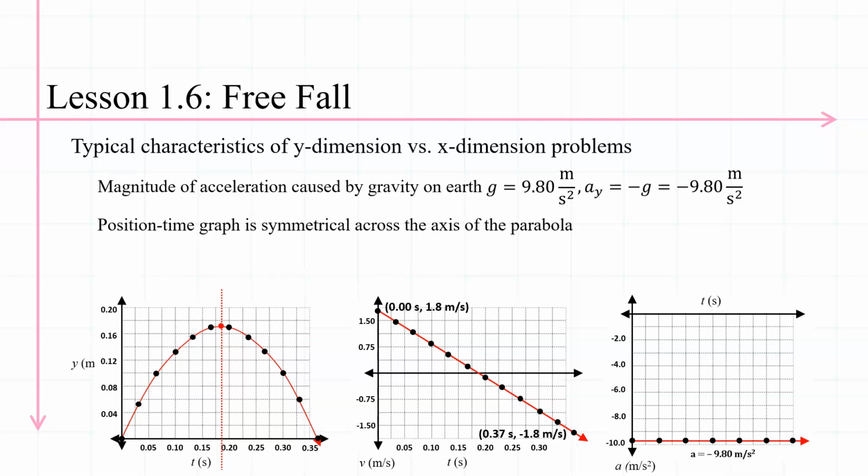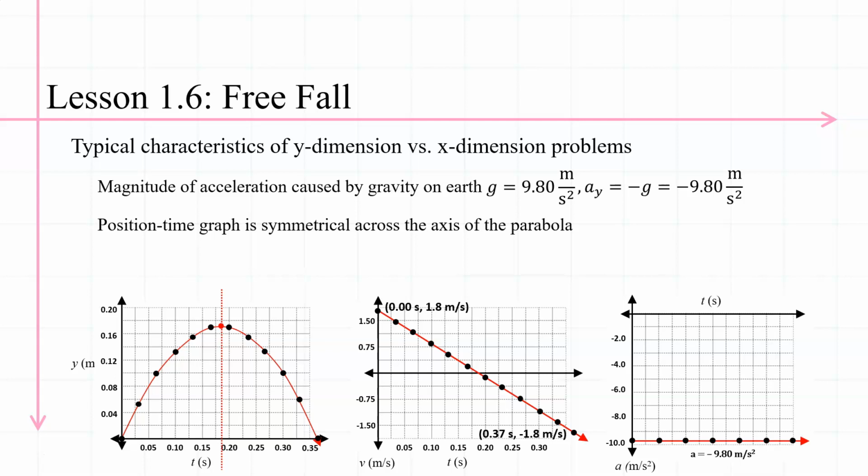Well, it's important to realize that if we have an object that's leaving from the reference point, traveling vertically upward, being accelerated by gravity the entire time, and then falling back down again to its initial position, it's going to have the same speed except negative.